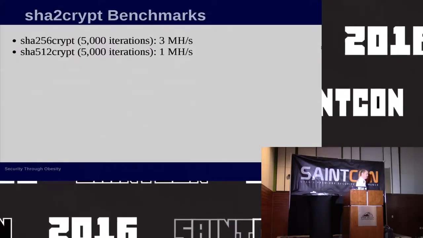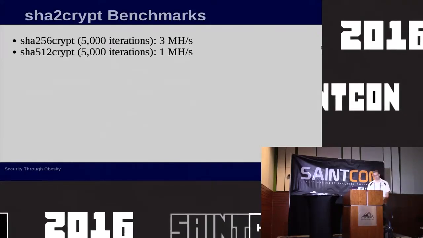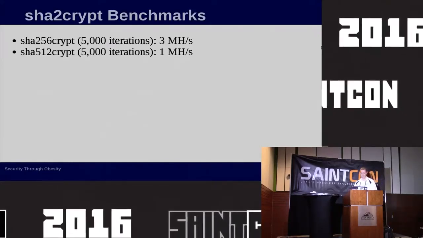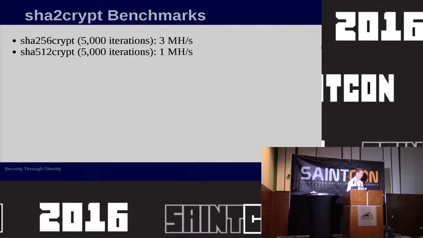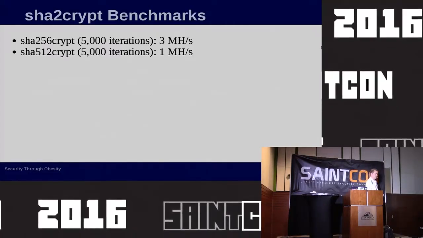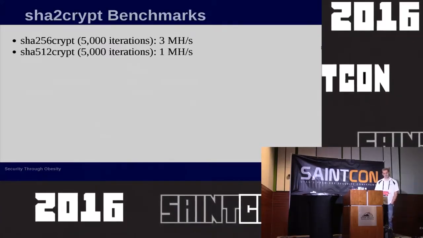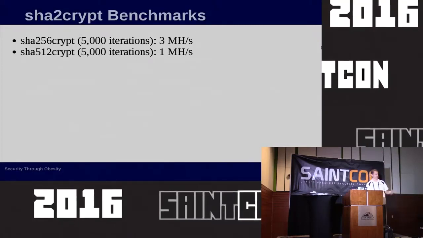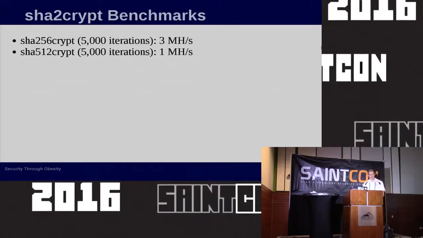If we look at the benchmarks on that 8 GPU password cracking machine, SHA-256 crypt at the default of 5,000 iterations could only work at 3 megahashes per second, and SHA-512 crypt at 1 megahash per second. It's interesting, that's a 3 times difference between the two. Why the big gap?